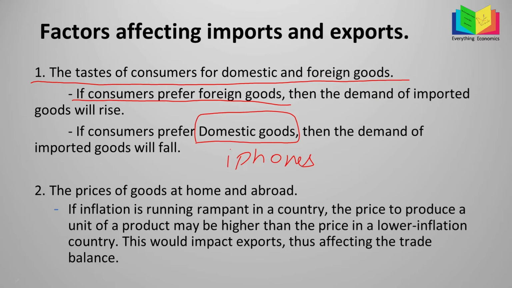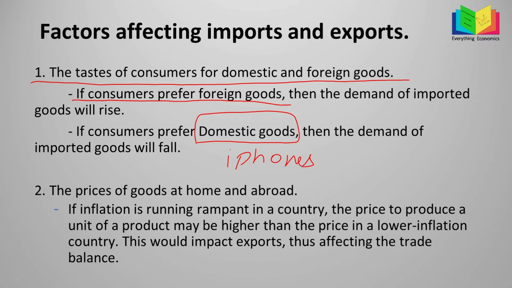So if the consumers prefer domestic goods, then the demand for imported goods will fall because the consumers don't really need those, right? So, it depends on the tastes of consumers. If consumers prefer foreign goods, then the imports will increase. If they prefer domestic goods, then the imports will decrease.